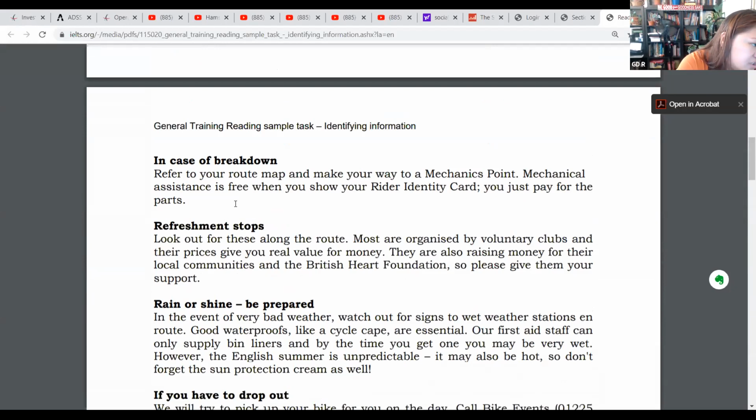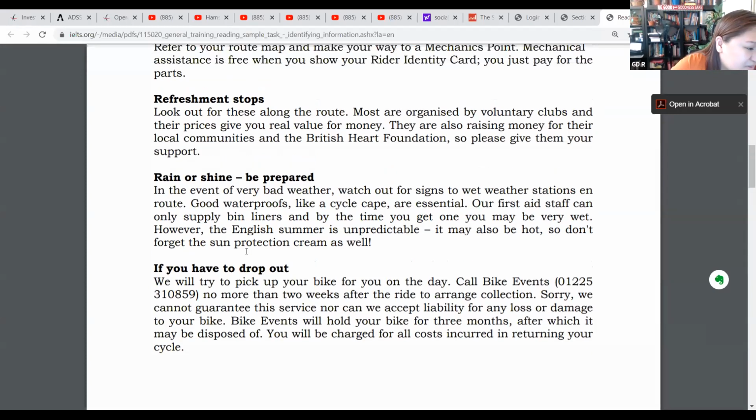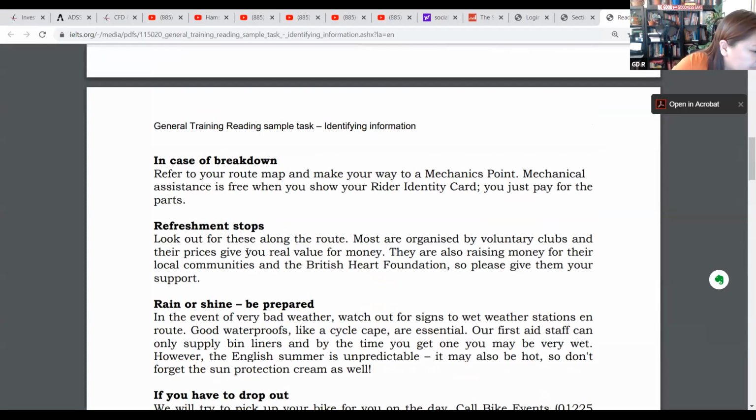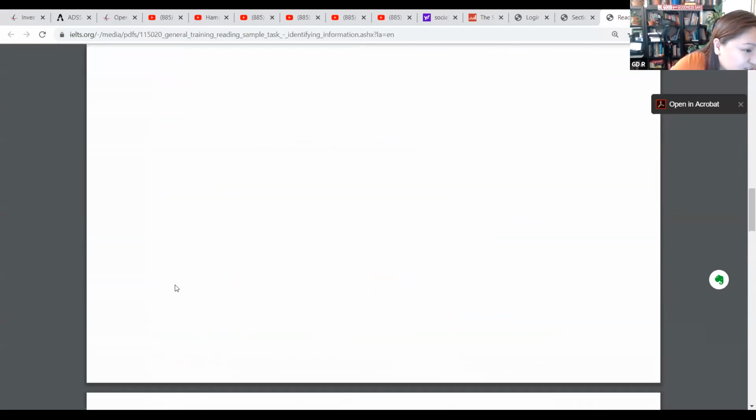Like if it's question number 2, at least you have to go to the third paragraph. Yeah, it's not fixed that way. It's jumbled. So unfortunately, we have to read everything. So again, what was the passage? Some roads may have normal traffic flow on them. So let's go look for a paragraph that talks about traffic.